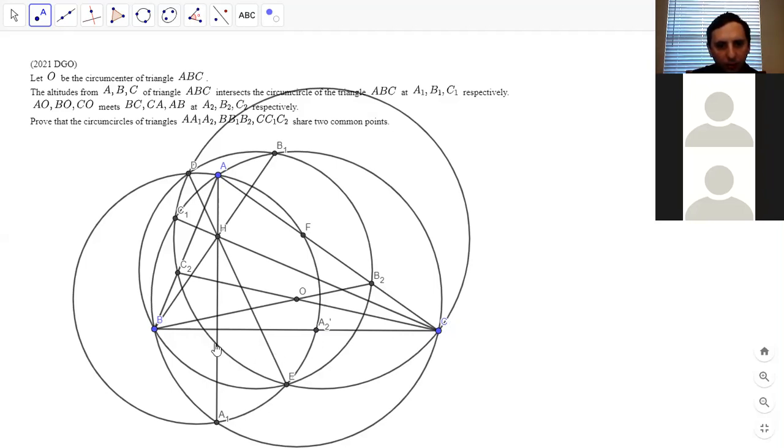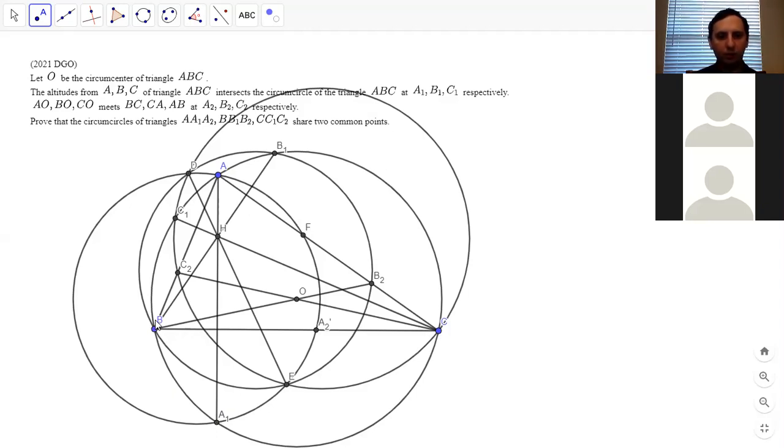Like if we draw this point, so basically we want to show A2 prime CA is similar to A1B.